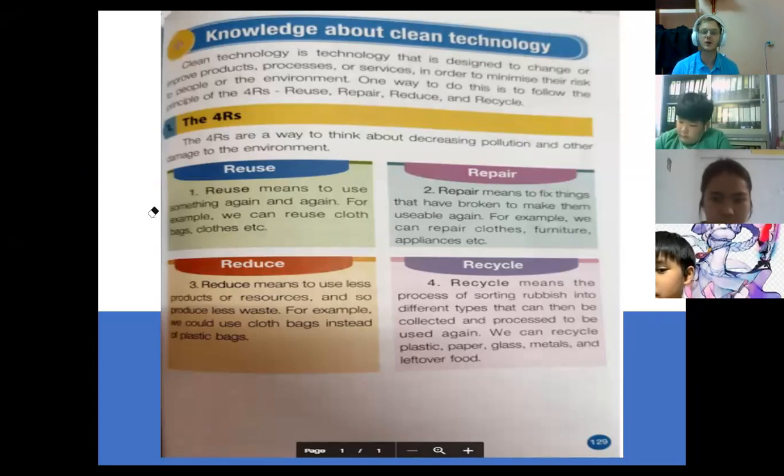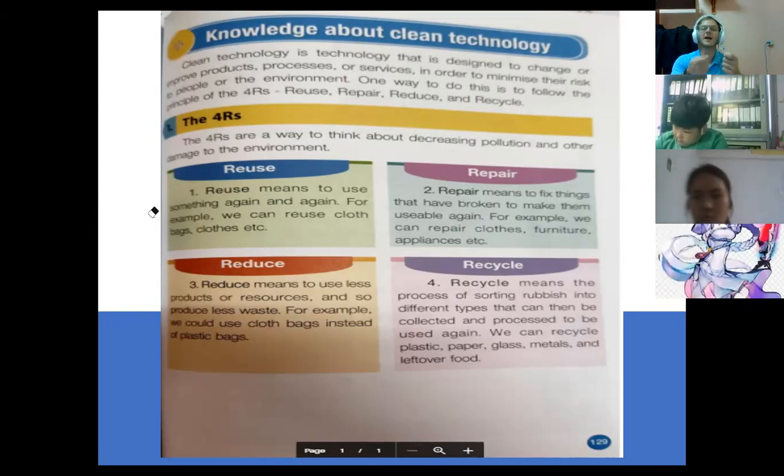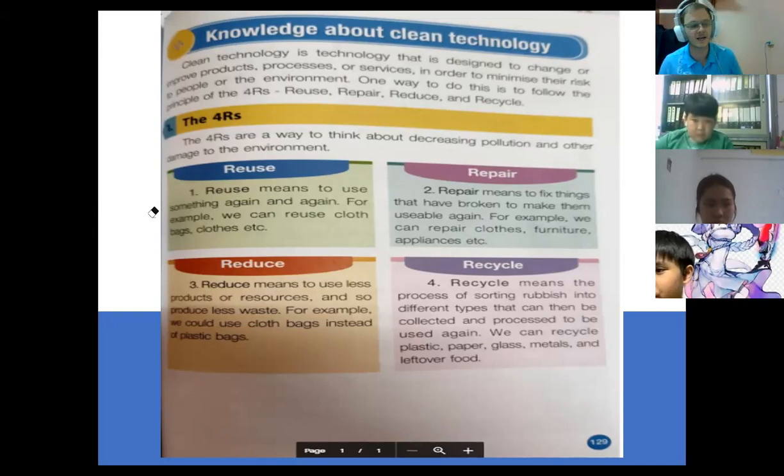Or we can reduce, meaning not take a plastic bag. If the cashier at 7 asks you, do you want a bag? Say, I don't need a bag, I can use my hands. Or we can have our own bag that we use every time we go there.